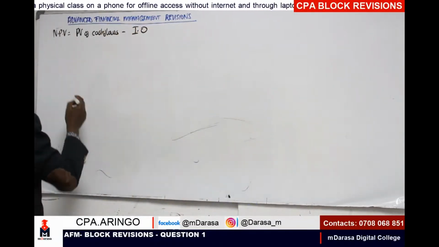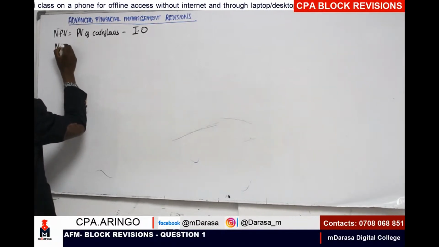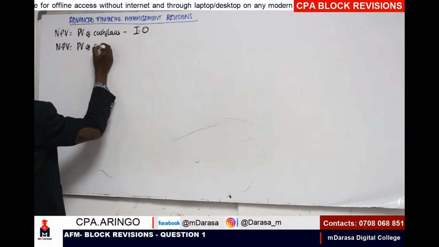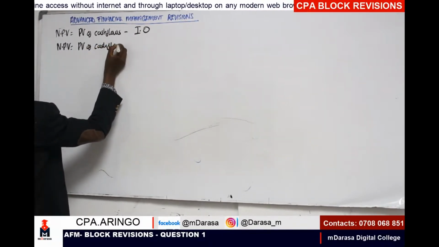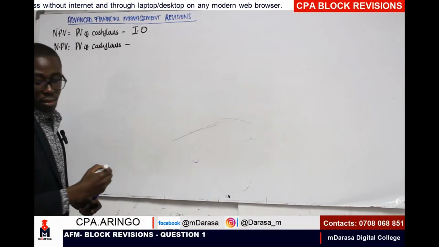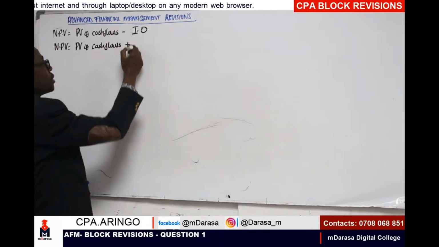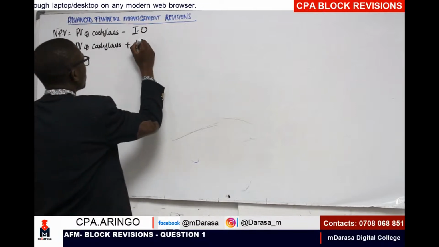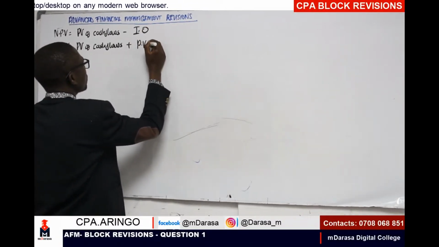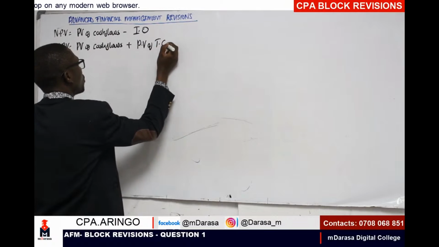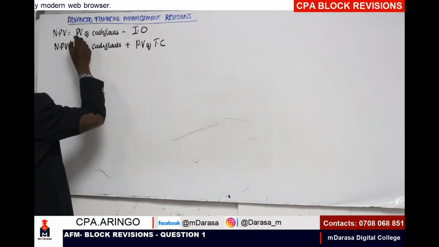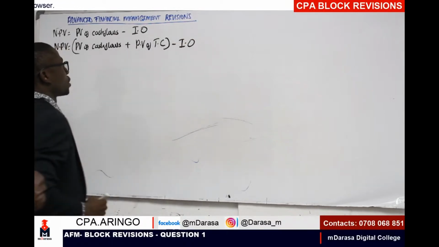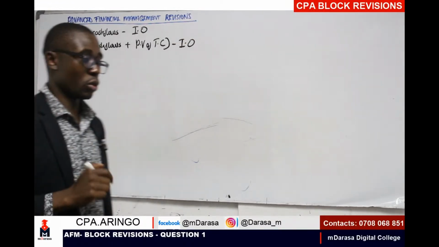Where we are having terminal cash flows, our NPV will be the present value of our cash flows, add the present value of our terminal cash flows, that is as at the end of the period, less our initial outlay. Very important.